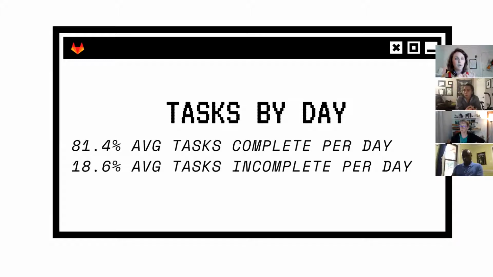If we can split out each task and see if there's one specific task that people are not doing, and an overwhelming number of people are not doing it, we should just get rid of it. Using a more drilled down task by day analysis to make decisions on what we should include in the onboarding issue and not include.